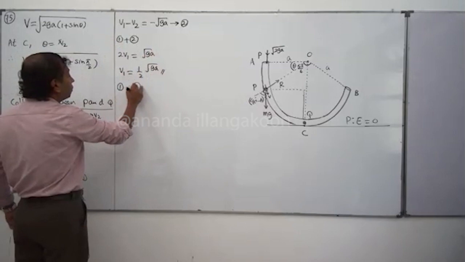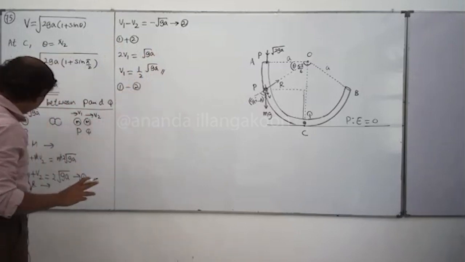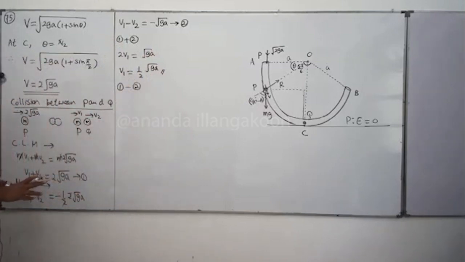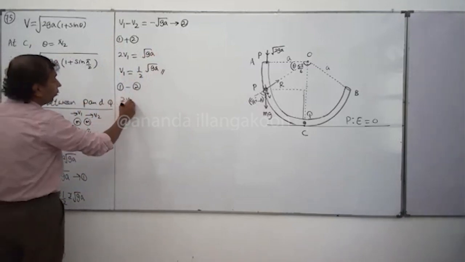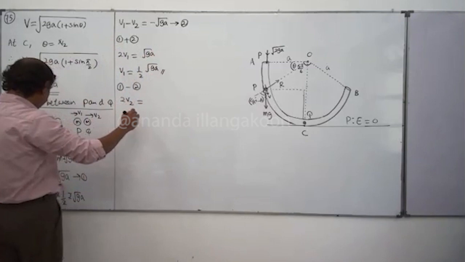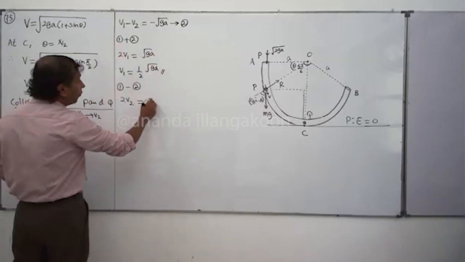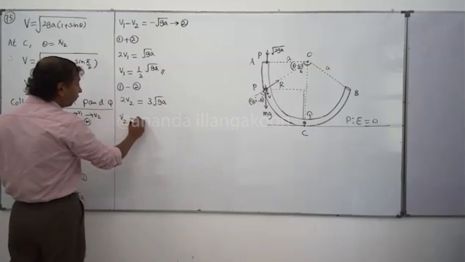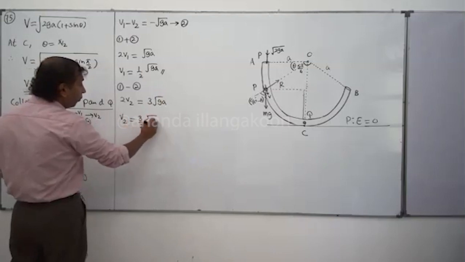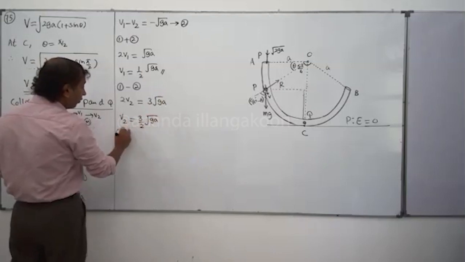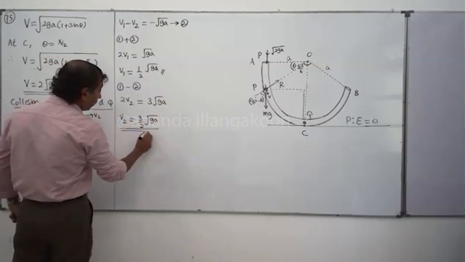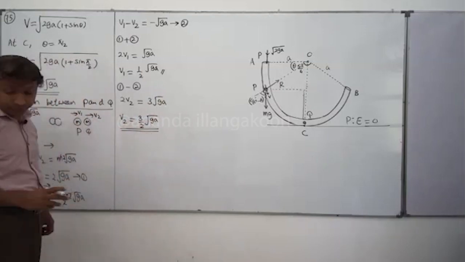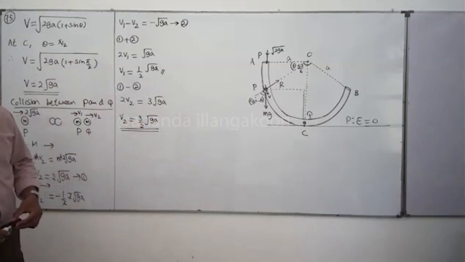Taking 1 minus 2, V1 and V1 cancel down, and we get 2V2 equals 2 root gA plus root gA, that means 3 root gA. Then this gives us V2 equals 3 by 2 root gA. That way we can take the answer.